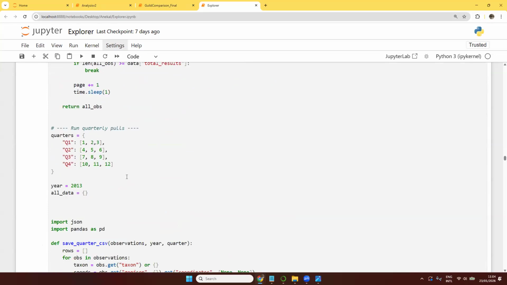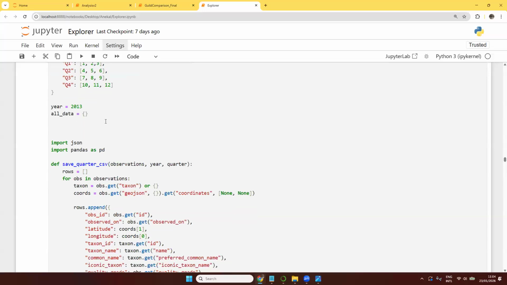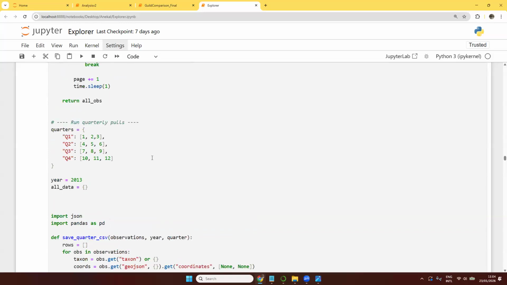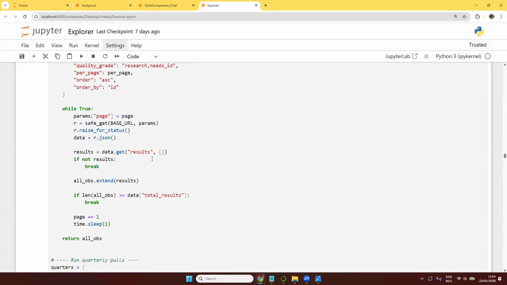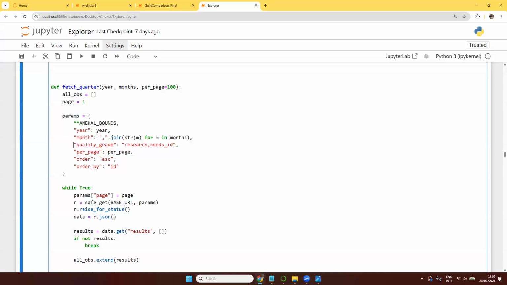I have the file saved locally. For 2013 to 2017, there's not a lot of data, but the recent years have decent amounts of data. I've queried both research grade as well as needs ID, which are the two quality grades. I've left out casual.